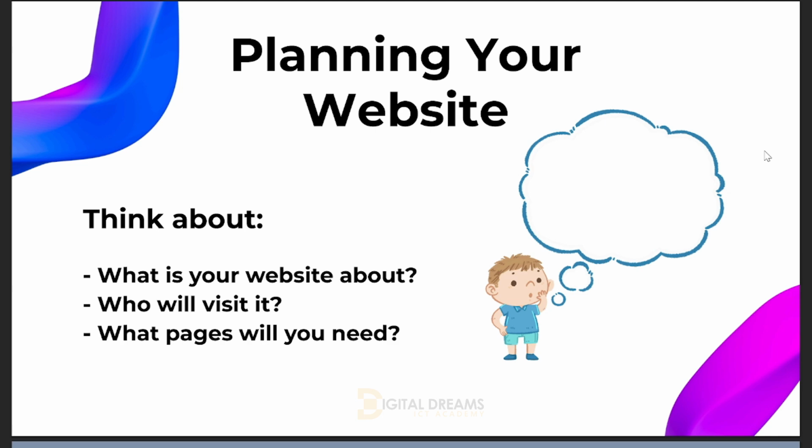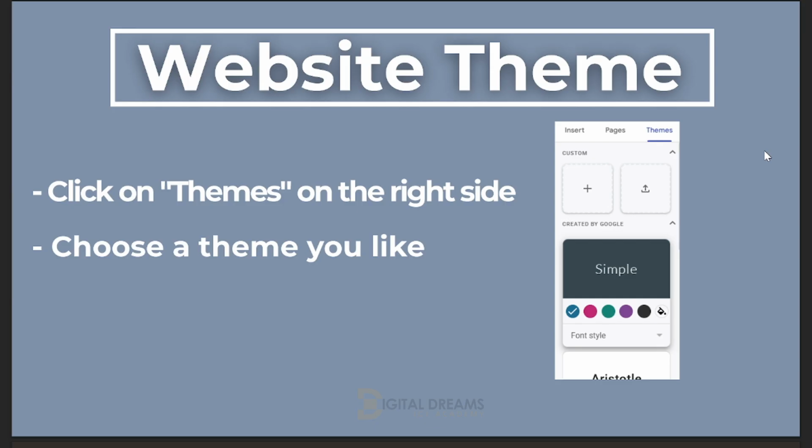Is it about your family? Is it about your friends? So now this is what you have to sit back and analyze before you begin. You don't just jump into designing without having anything already arranged, already planned. So we move. The next thing we'll learn is website theme.